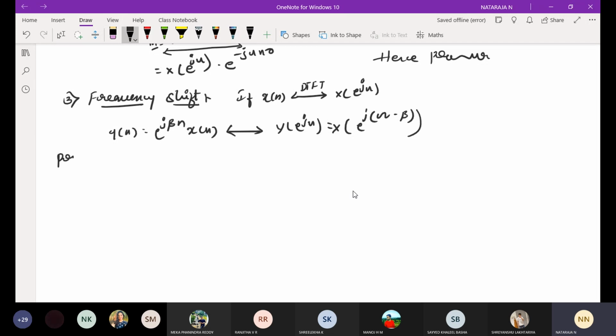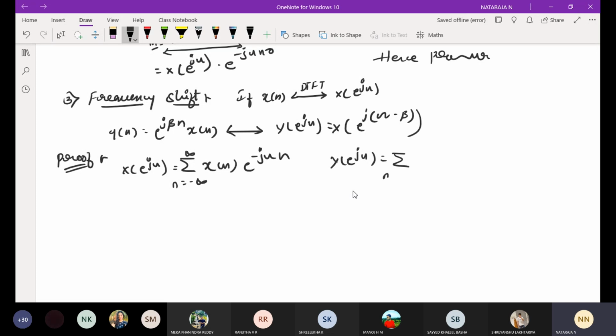Proof. x of e power j omega, I will take the definition of DTFT, summation n equal to minus infinity to infinity x of n e power minus j omega n. Similarly, y of e power j omega is equal to summation n equal to minus infinity to infinity y of n e power minus j omega n.